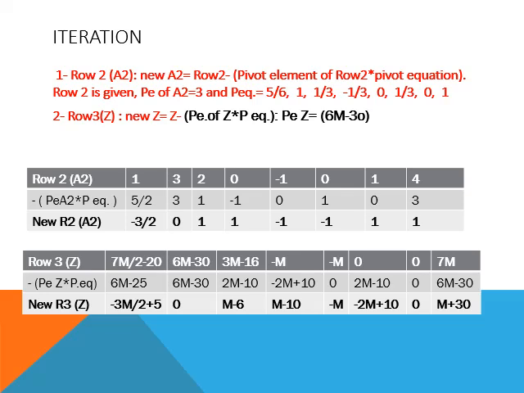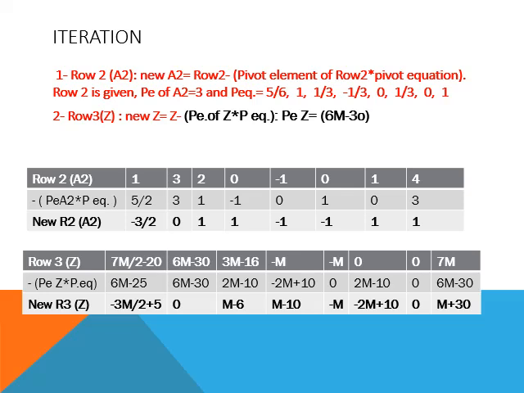Also, we are going to repeat the same procedure to find the new R3, or the new Z. So the first row in this operation represents the original values or coefficients of the row of Z, and then the next row is the multiplication of the pivot element of Z by the pivot equation, and the result is given.